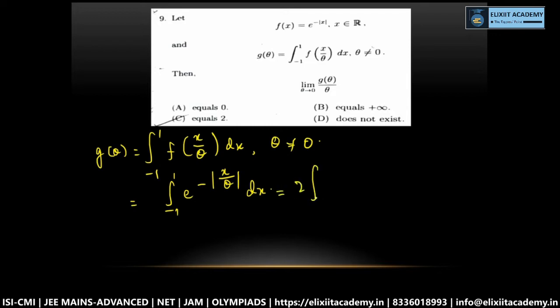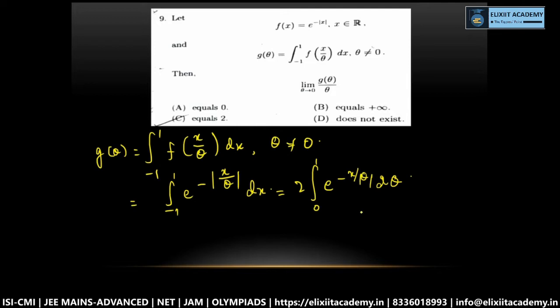This is 2 into the integration from 0 to 1 of e to the power minus of x upon mod theta. Because this is an even function, you can take out this mod, so this is minus of x upon mod theta.